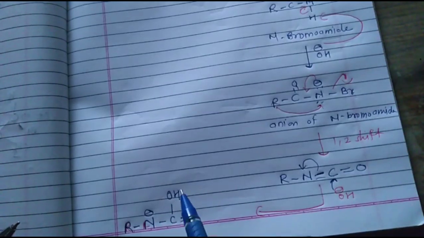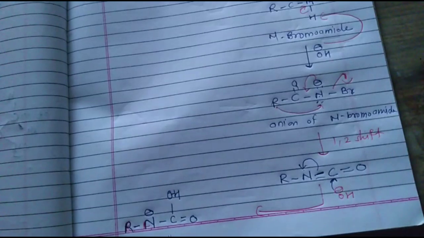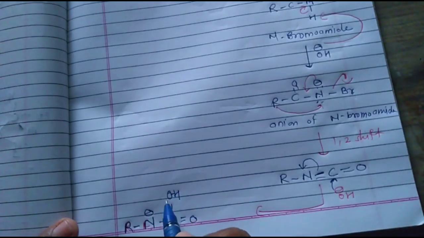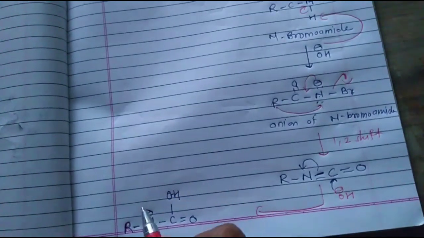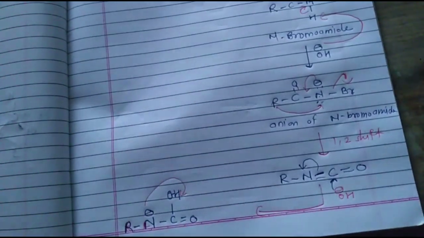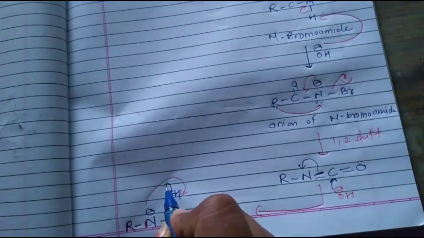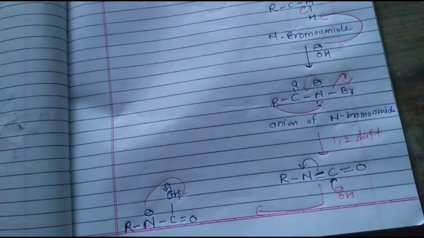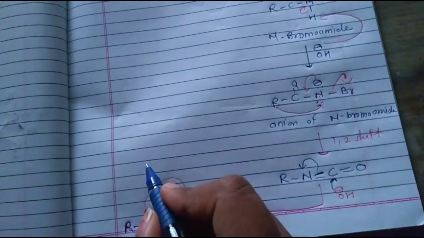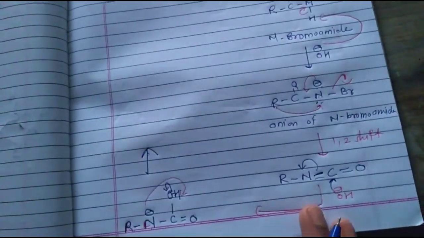How do we rearrange it? In this manner, the hydrogen of the OH is attracted by this nitrogen, and the oxygen gives its electron. What will be the next product?